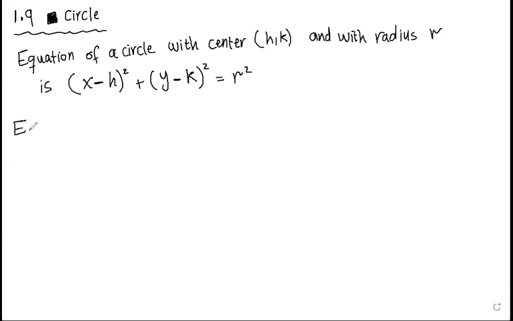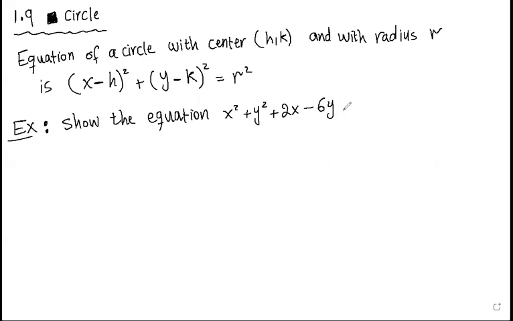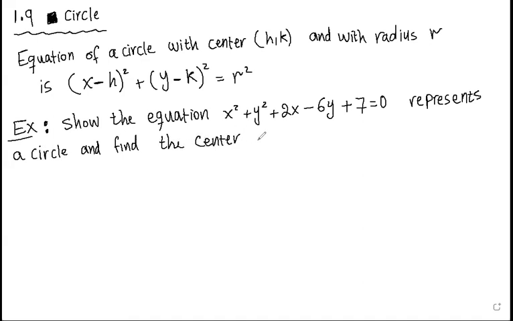The example shows that the equation x squared plus y squared plus 2x minus 6y plus 7 equals 0 represents a circle, and find the center and the radius of that circle.